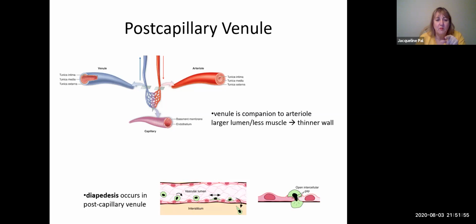So you remember the diapedesis was where the white blood cells squeeze through the endothelial cells of the blood vessel wall. So small veins, from the venules, the small veins will have a complete layer of smooth muscle, whereas immediately after the capillary, the venule may not have any smooth muscle yet.